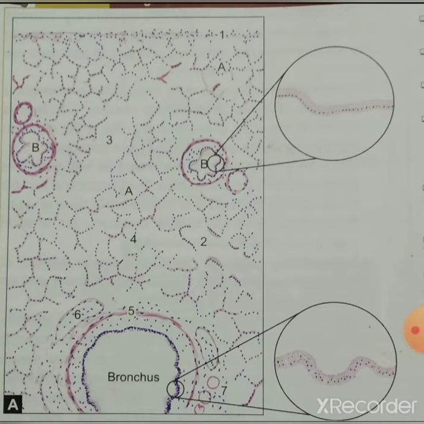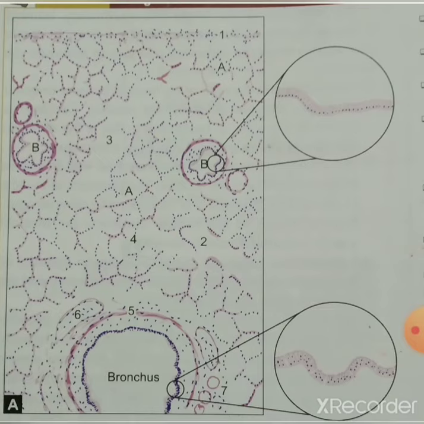You can see here the bronchus, lined by ciliated columnar pseudostratified epithelium, and the bronchiole is lined by simple columnar or cuboidal epithelium. The bronchiole, represented as B, is surrounded by bundles of smooth muscle.